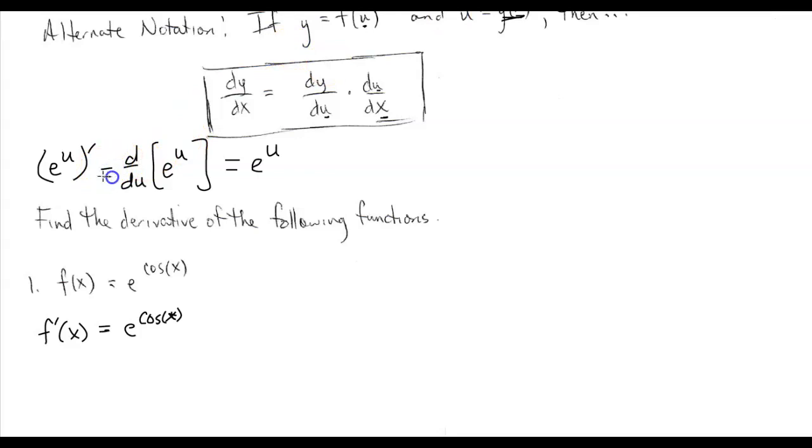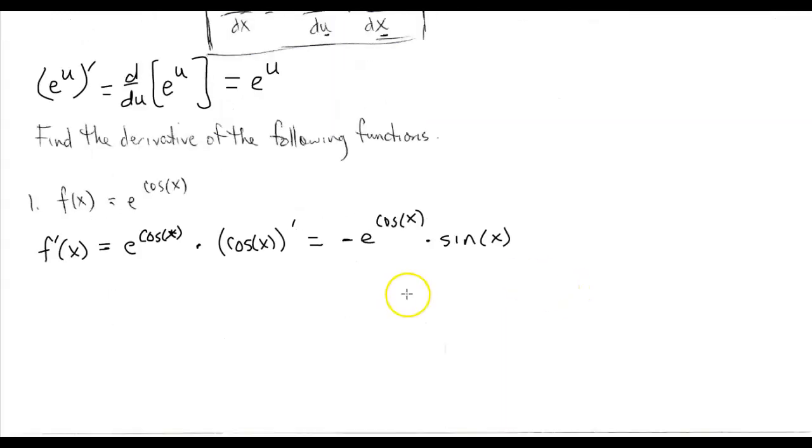So here, first, I take the derivative of the outside function with respect to blah, times the derivative of the inside function with respect to x. And of course, the derivative of cosine x with respect to x is just minus sine x. So I would have minus e raised to the cosine x times sine x. And that would be what the derivative of that composition function would be.